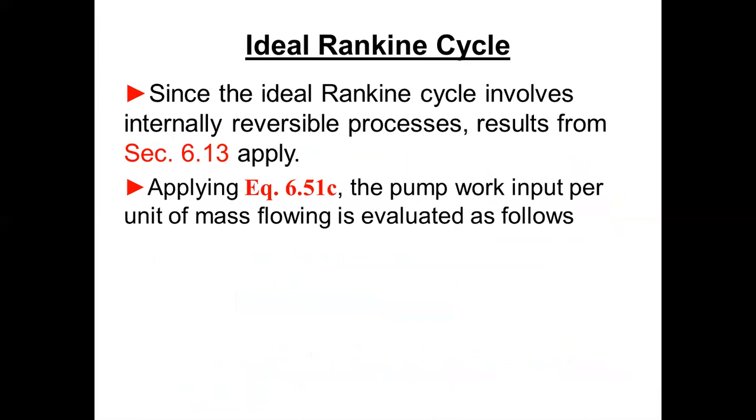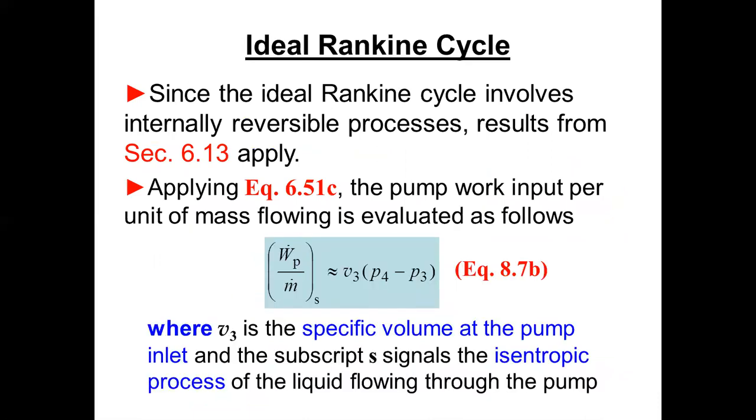Since the ideal Rankine cycle involves internally reversible processes, the results from section 6.13 apply. Applying equation 6.51, the pump work per unit mass flowing through it is evaluated as follows. Basically, the specific pump work, the total pump work divided by mass flow rate, is the integral of specific volume times dP.